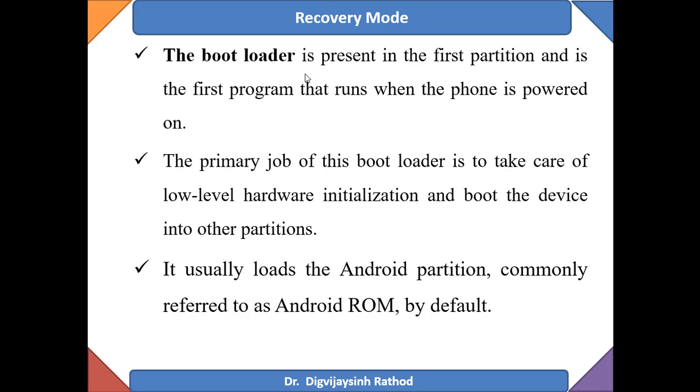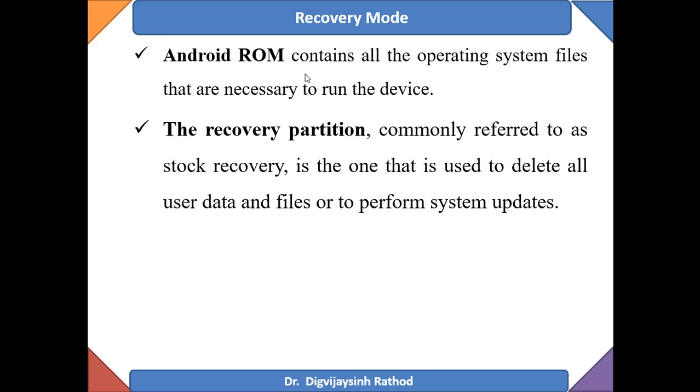So if you are not happy with the Android ROM which came with your mobile phone, you can install a customized Android OS, and that is commonly known as flashing your ROM, or a customized ROM. That is the basic job of your bootloader.